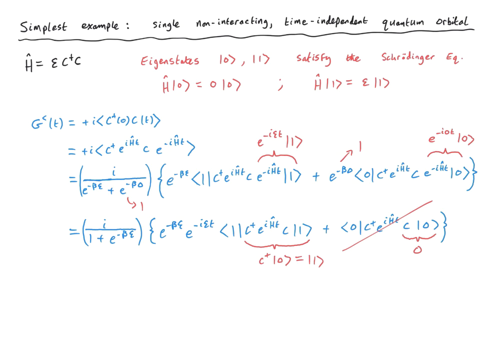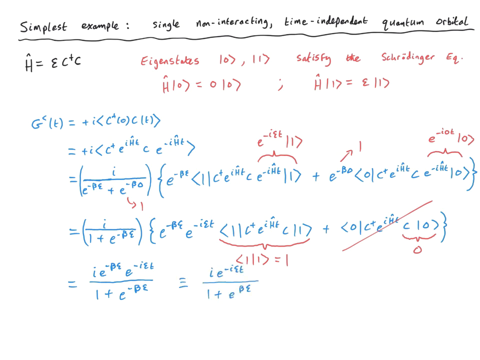So in the end, we're looking at the overlap of the 1 state with itself, and that object is simply equal to 1. So overall, the G-lesser Green's function as a function of time is simply i, e to the minus beta epsilon times e to the minus i epsilon t, divided by the partition function 1 plus e to the minus beta epsilon.